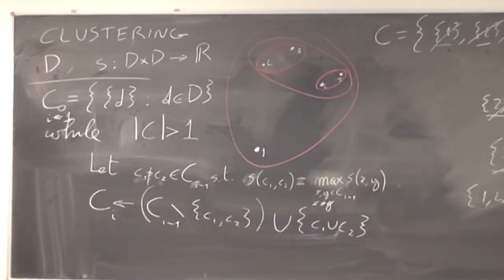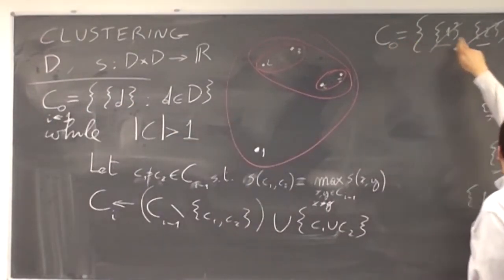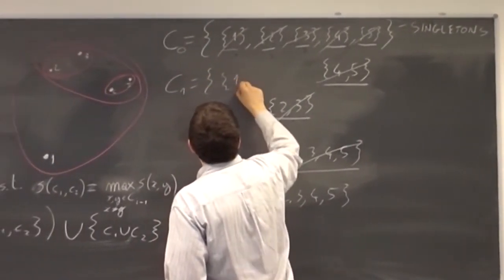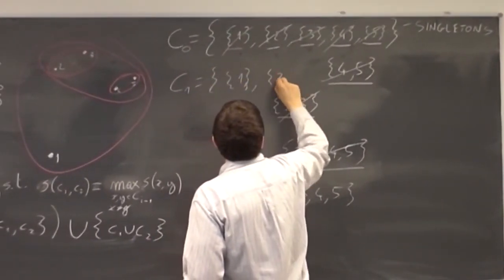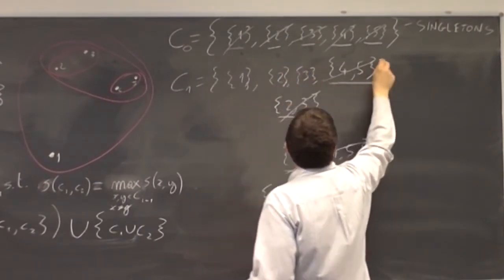Okay, so what we actually have is C0 this, C1 will be the set 1, 2, 3, and 4, 5.